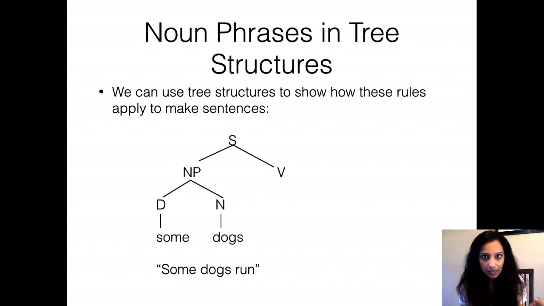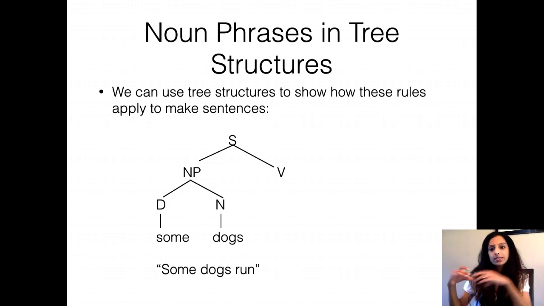So some is a determiner, dogs is a noun, and run is a verb, so that's D, N, and V. And then you identify the phrases or the constituents within these sentences. So you know that some dogs can combine together and form a noun phrase. So we combine that together and write NP, and then the V is separate. So S goes to NP V, NP goes down to a D and N.